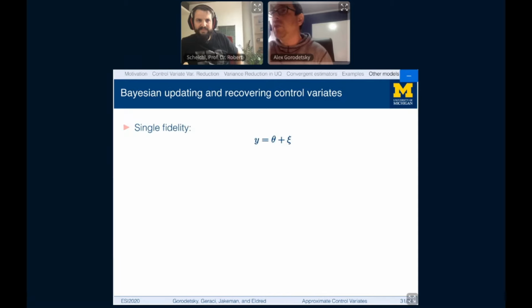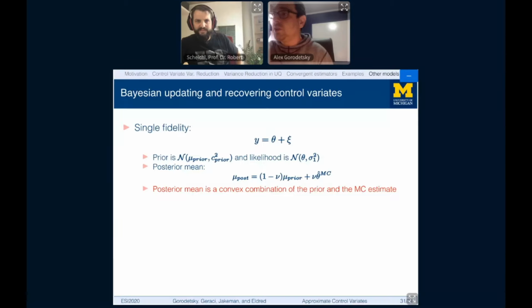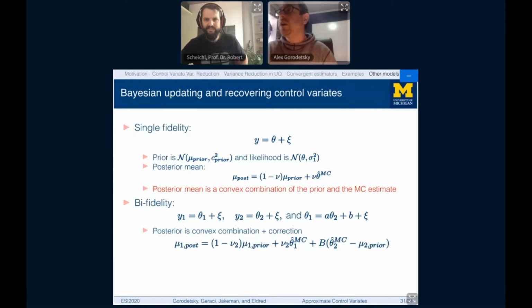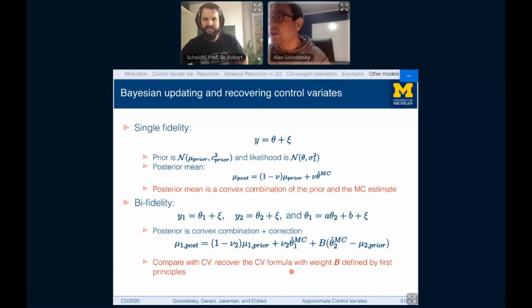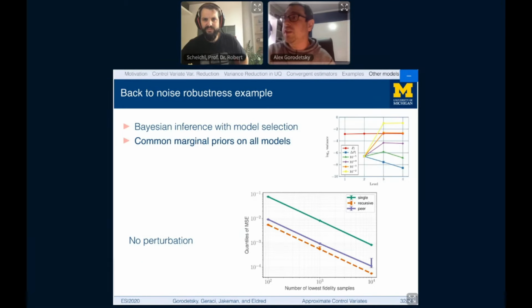And if we form this in terms of Bayes' rule, which I won't go into here, I'll just go into my conclusion slide, we can actually recover the control variate ansatz, the approximate control variate ansatz. Unfortunately, I don't have time to present that. So with that, I'll just put up my conclusion slide and open up for questions.